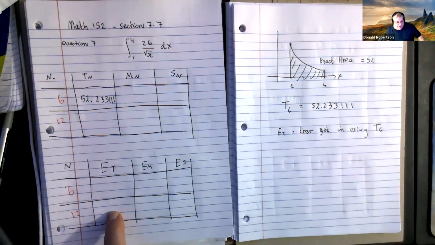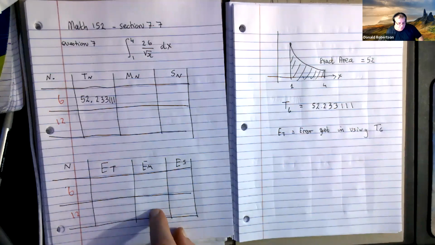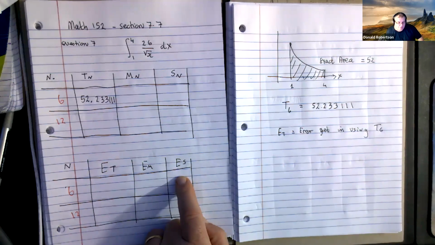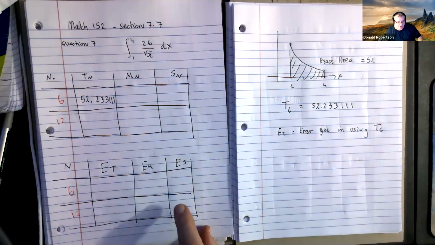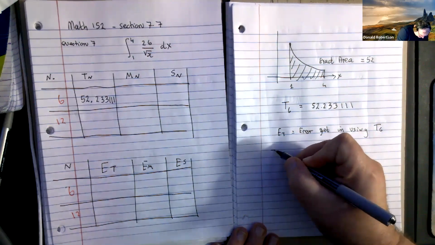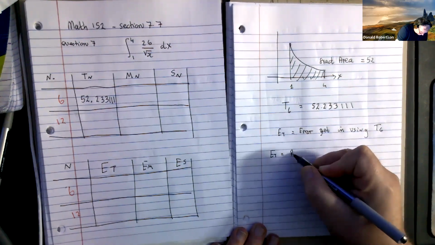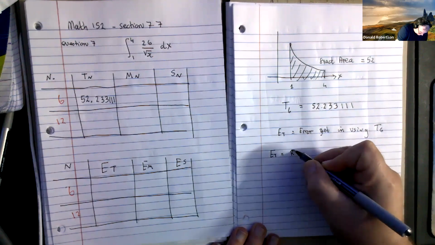And the one here would be the error that you would get if you used T12. The error if you used the midpoint with 6 strips or 12 strips. The error that you would get when you use Simpson's rule for 6 strips here, and you put the error there. So how do you get this ET? It's made up from a simple calculation. You take the exact value.